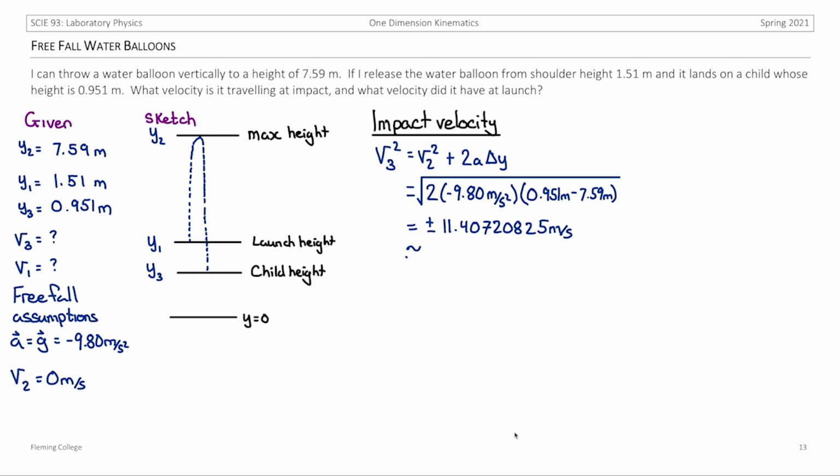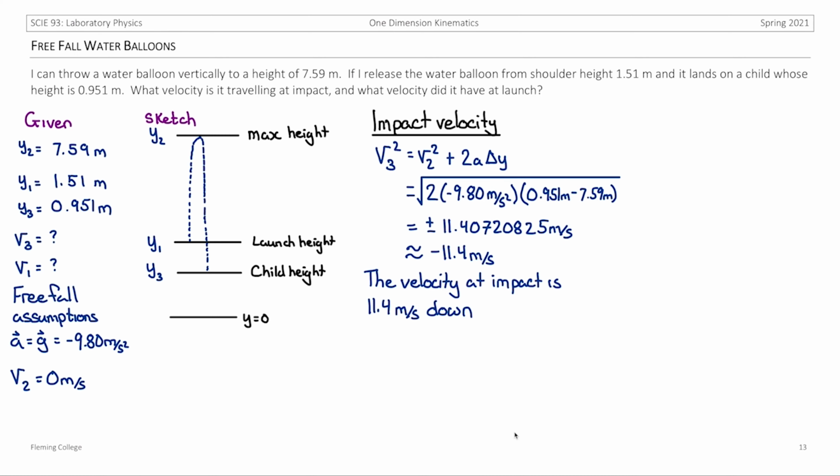For us, we know that we're considering the velocity at position 3 when the ball's on the way down, not when the ball was on the way up. One, it doesn't actually hit that point on the way up. So we're going to take the velocity to correct significant digits as approximately negative 11.4 meters per second. So the velocity at impact is 11.4 meters per second down.